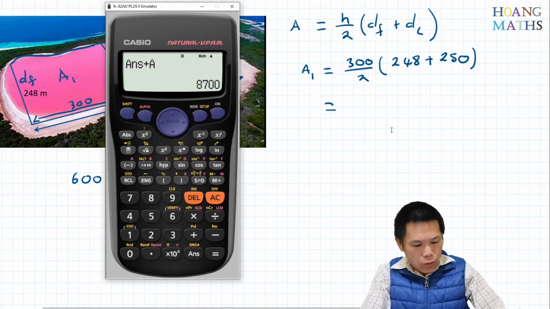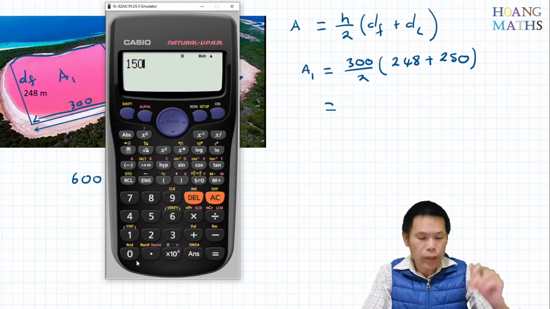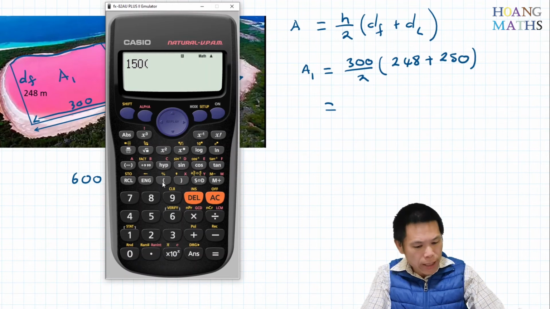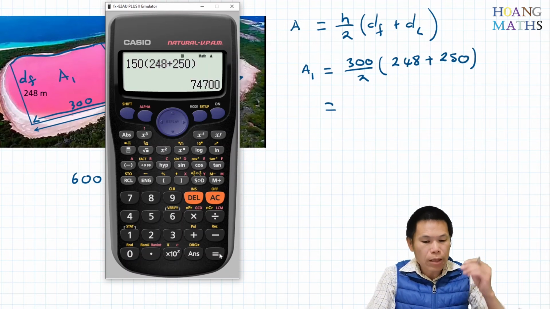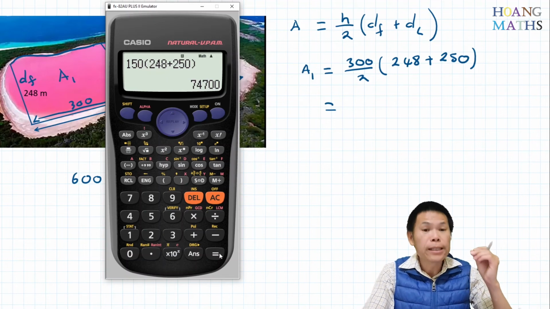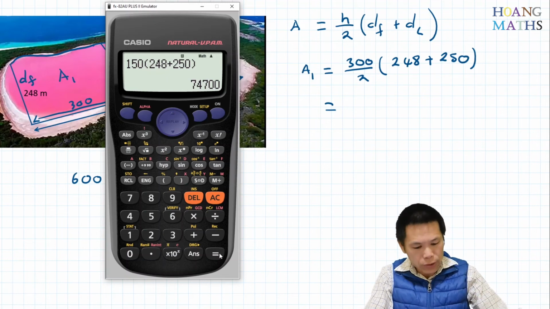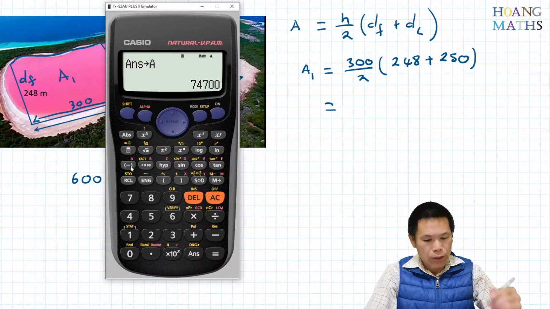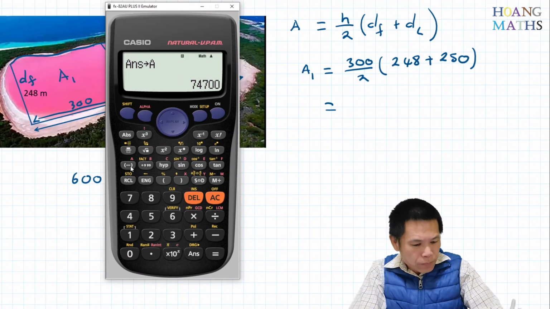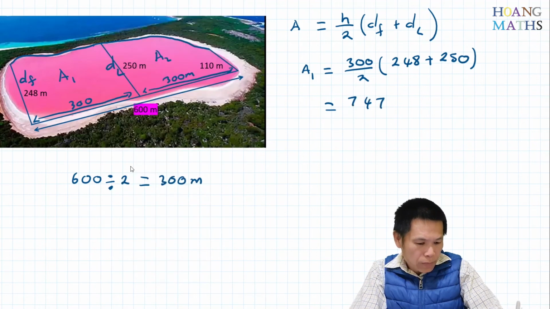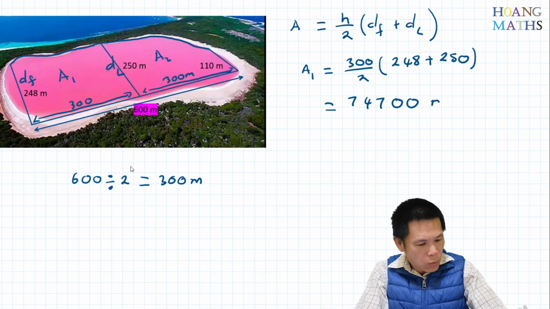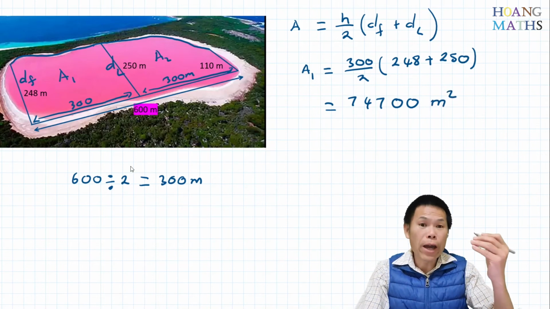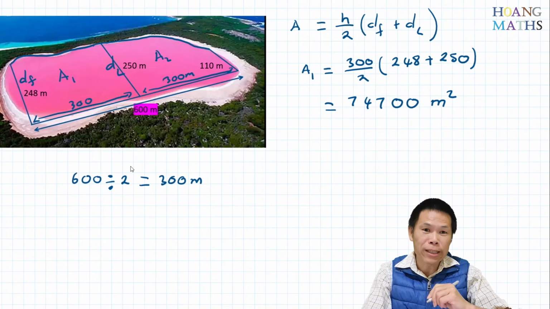So I just go 150, because 300 divided by 2 is 150, brackets, 248 plus 250 and close the brackets. So that gives me 74,700 square meters. So let me store that in memory A first. There you go. So 74,700 square meters.